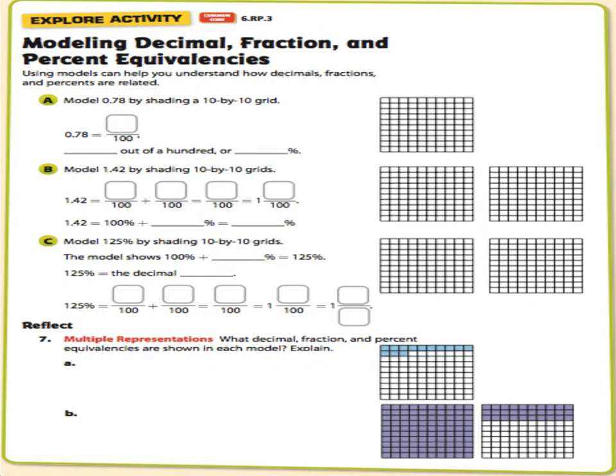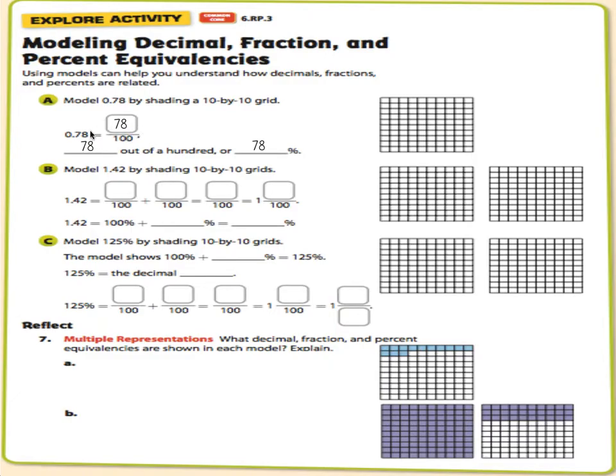Okay, so now we're going to model decimal, fraction, and percent equivalencies. So if I have 78 hundredths, I know that 78 hundredths as a fraction is 78 over 100. I know 78 out of 100 is the same thing as saying 78%.